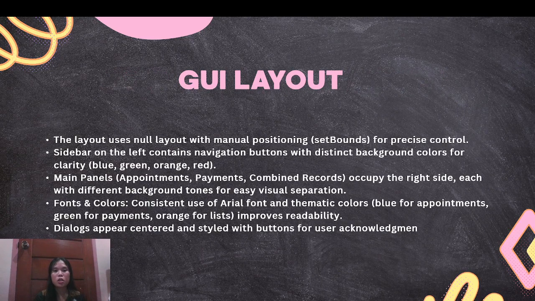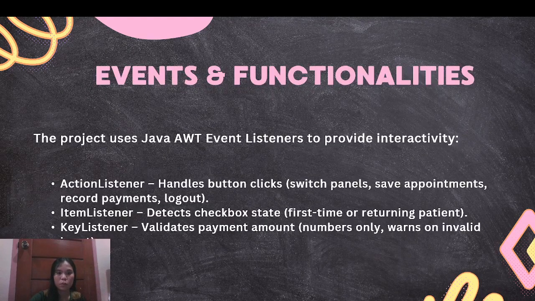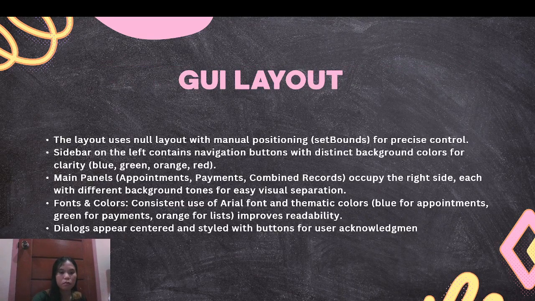Next, GUI layout. The GUI uses null layout with manual positioning through setBounds. On the left side, there is a sidebar with navigation buttons, each given a distinct color: blue for appointments, green for payments, orange for records, and red for logout.